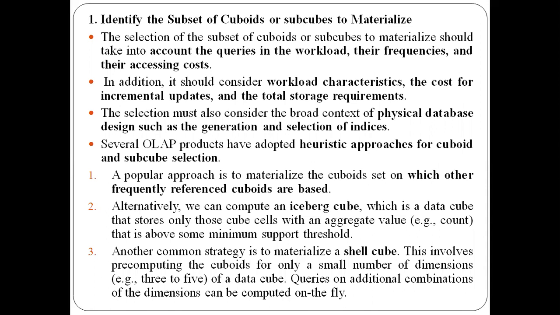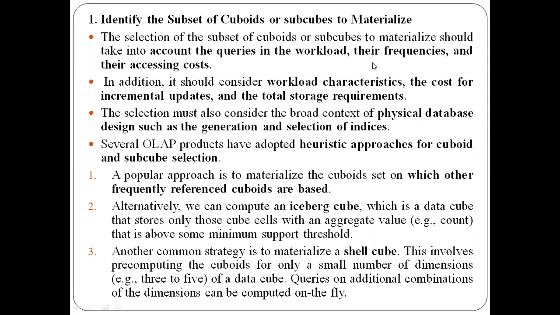For example, if you have a first cuboid, see how many queries are based on this cuboid. If many queries are trying to use the result of this cuboid, I need to take that into account. Which queries are there, and which cuboid are they dependent on? That is the first thing I need to take care of.